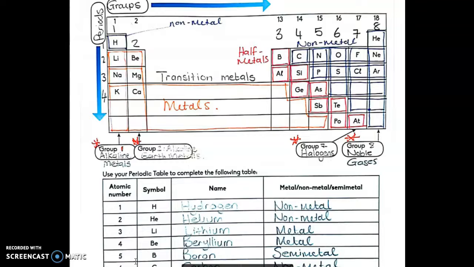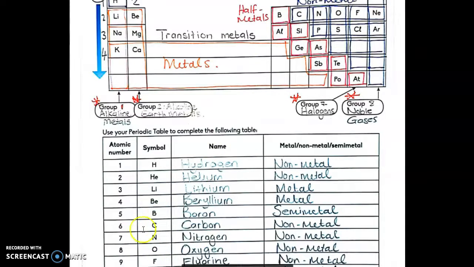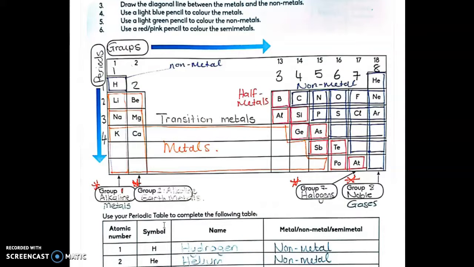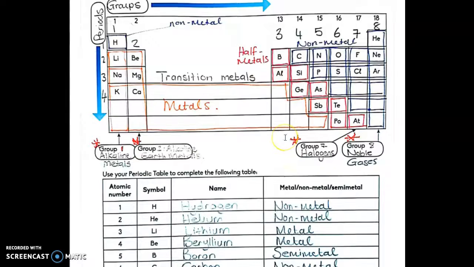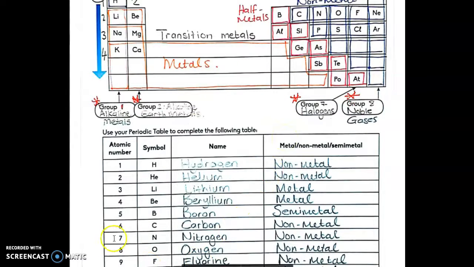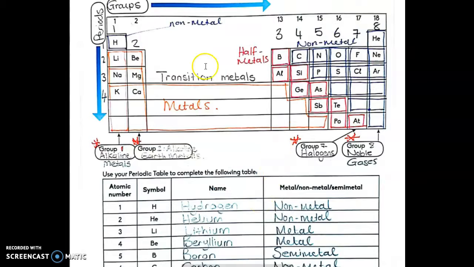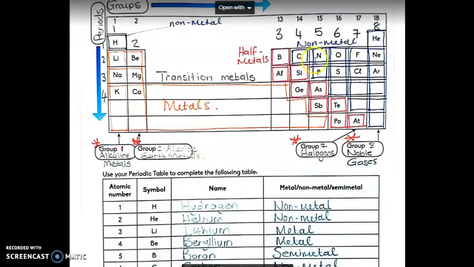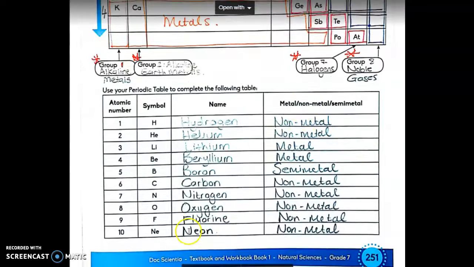Number 5, B, is boron, and it's a semi-metal. Number 6, C, is carbon, and it's a non-metal. Atomic number 7, N, it's nitrogen, and it's also a non-metal.